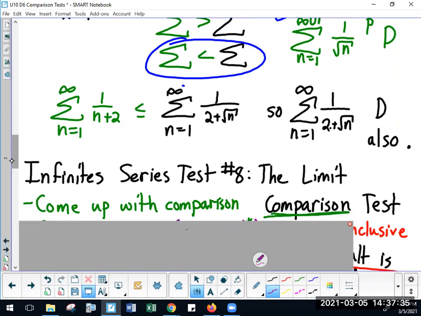Which brings us to our next series test, the 8th one, the limit comparison test. And the reason why we're doing these together is because they're both comparison tests, meaning I'm again going to have to come up with a series that I know the convergence or divergence of to compare.